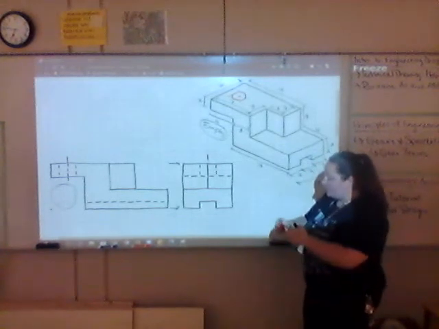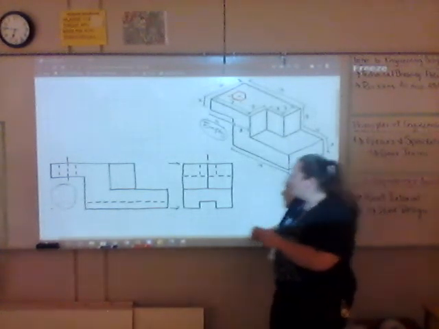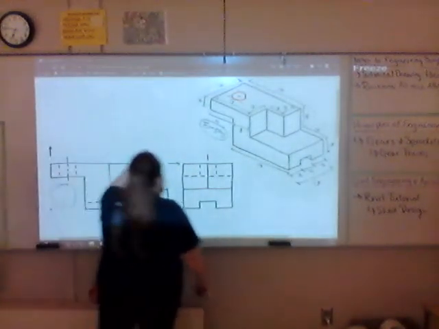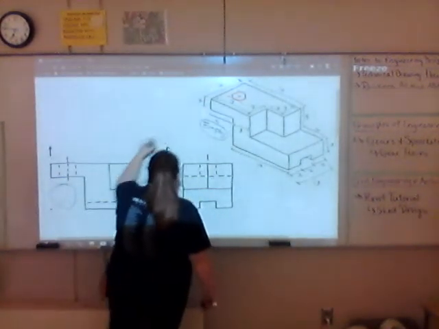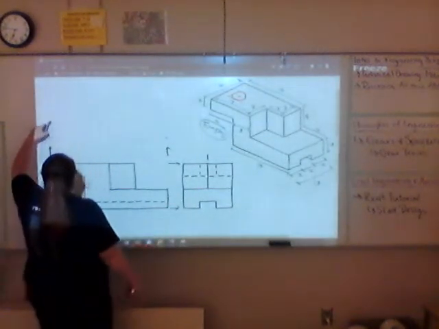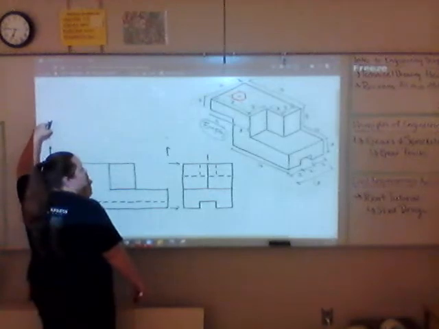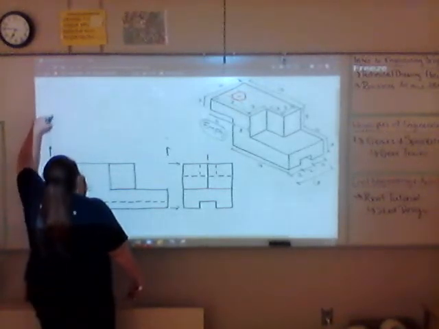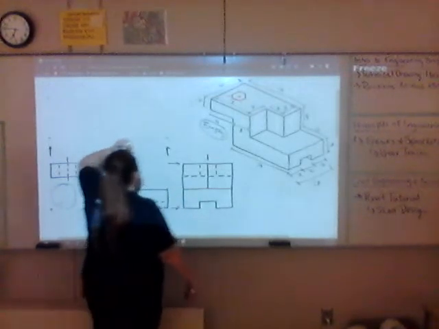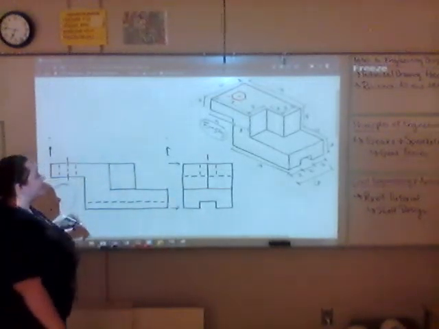So from there, we're going to move on to our top view. From here and here, I know that the part is 14 long and it goes back 6, which is going to translate into going up 6 in the top view. So that's 3, 6, come over and 6. Right there, okay?